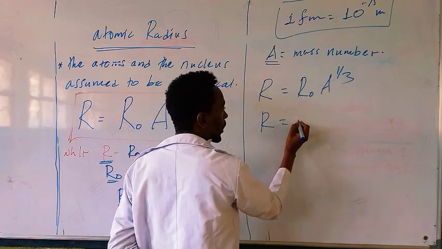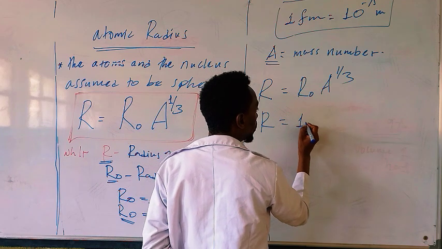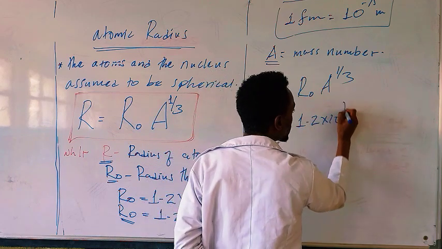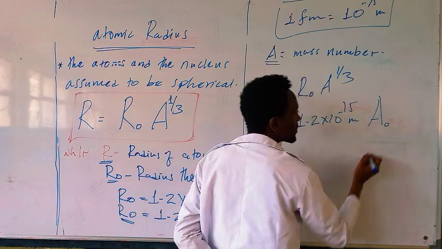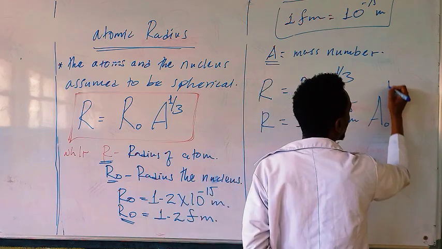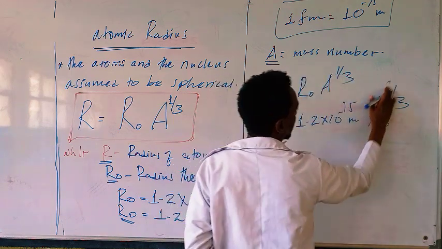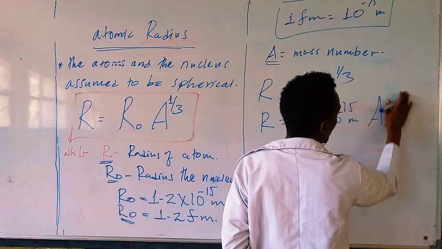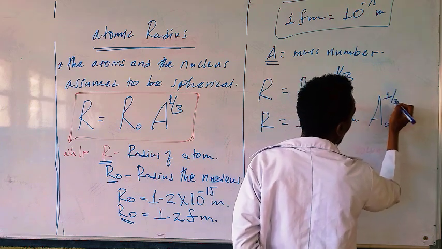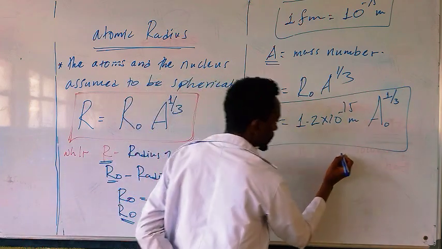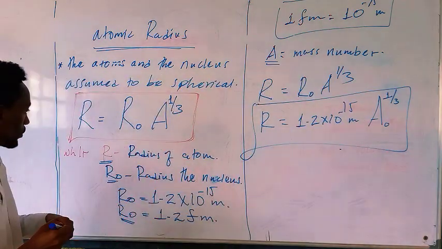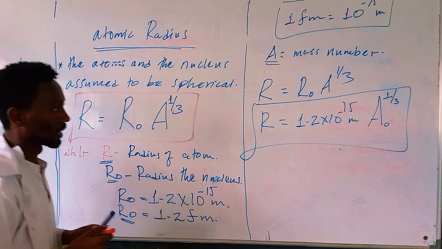So R is equal to 1.2 times 10 to the power of minus 15 meter times the mass number of that atom raised to 1/3. So this is the radius of atom.